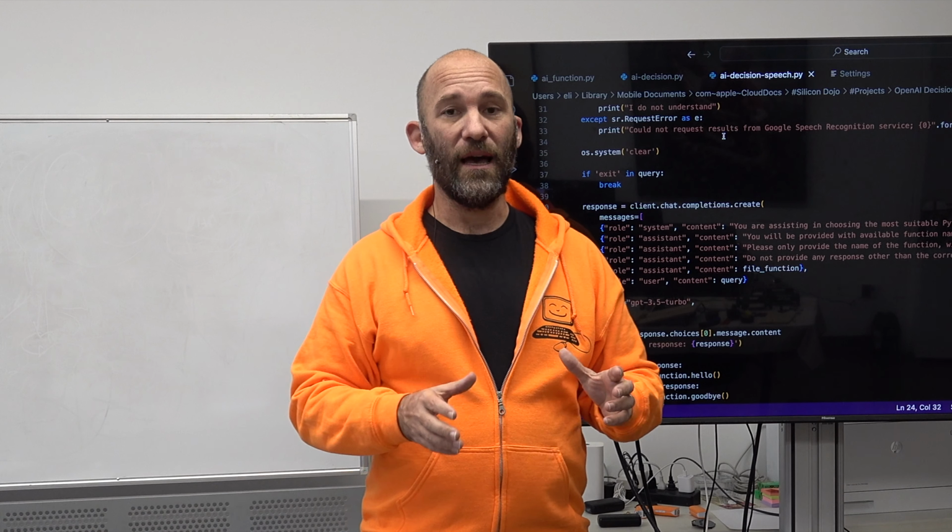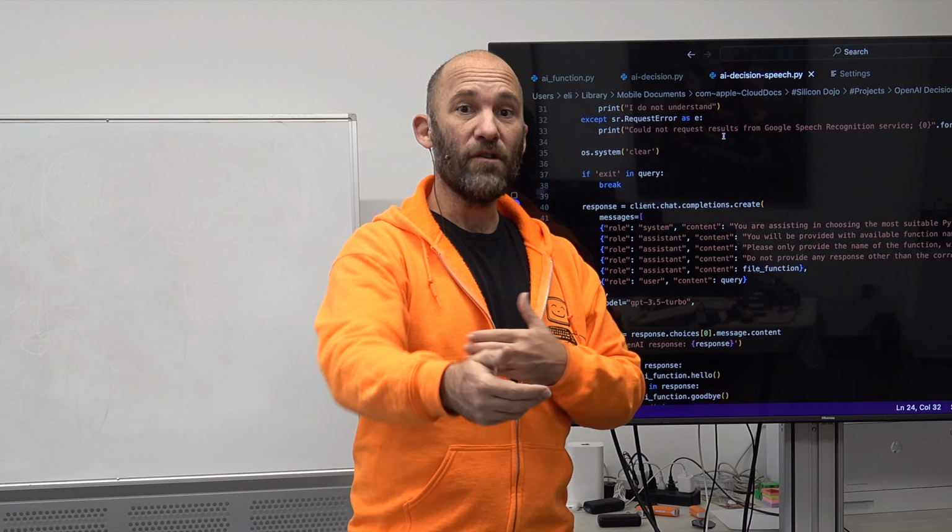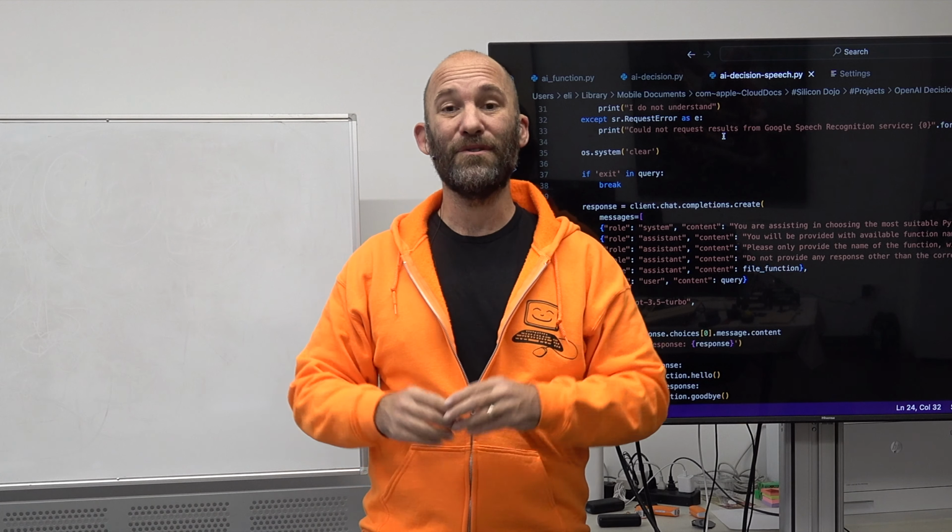Now, when we did that, one of the interesting things is that we used Google's speech services, and we were able to turn your speech coming into the microphone of your computer into text. Then we could parse that text and look for specific words.